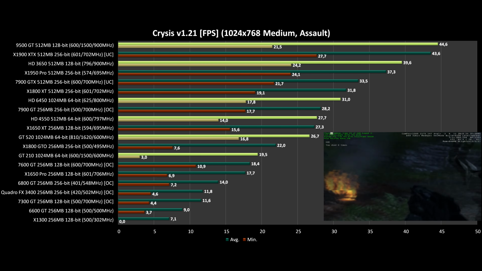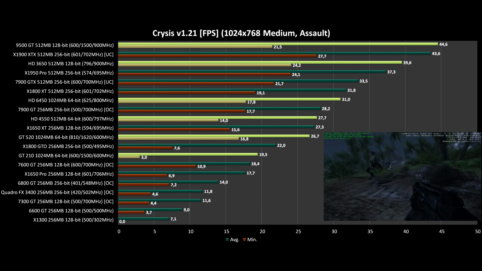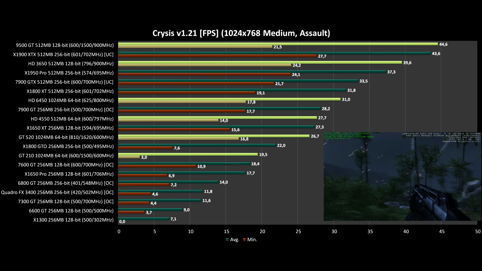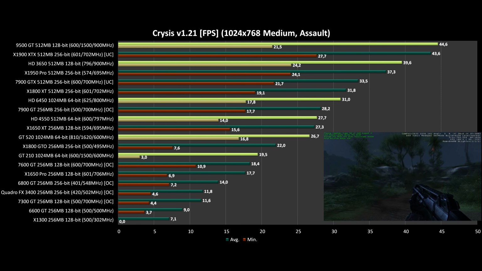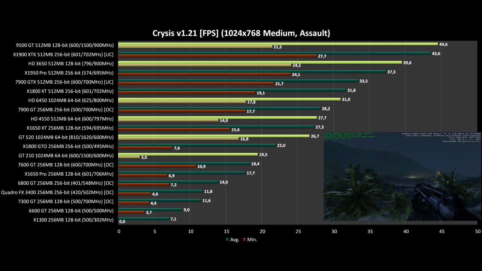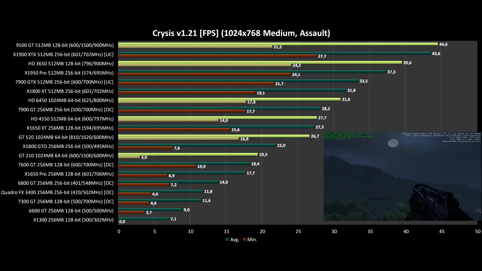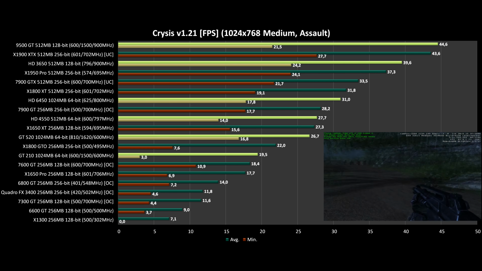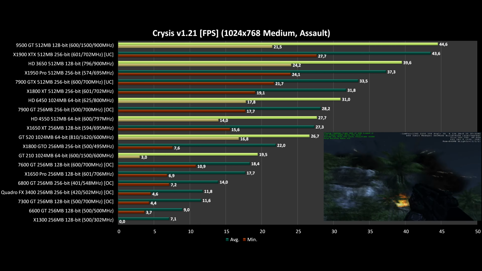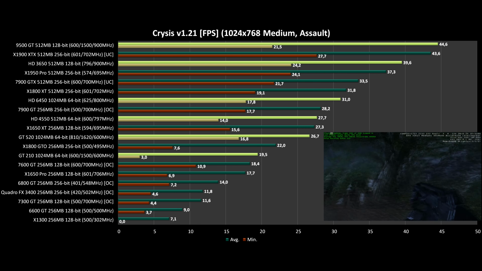Jumping back to average FPS for a bit, the above 30 FPS score of HD 6450 makes this card the slowest one you can reasonably play in this game at those settings and resolution. This card also matches the minimum frame rate of 7900 GT with mere 18 FPS.